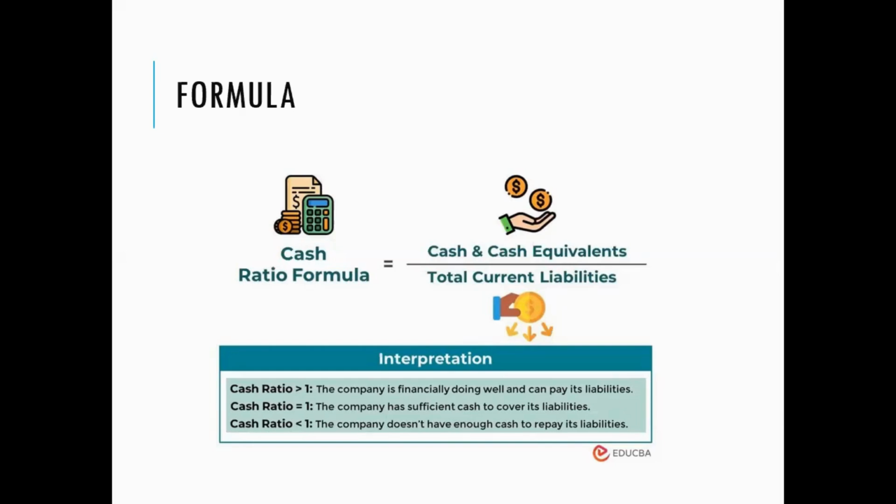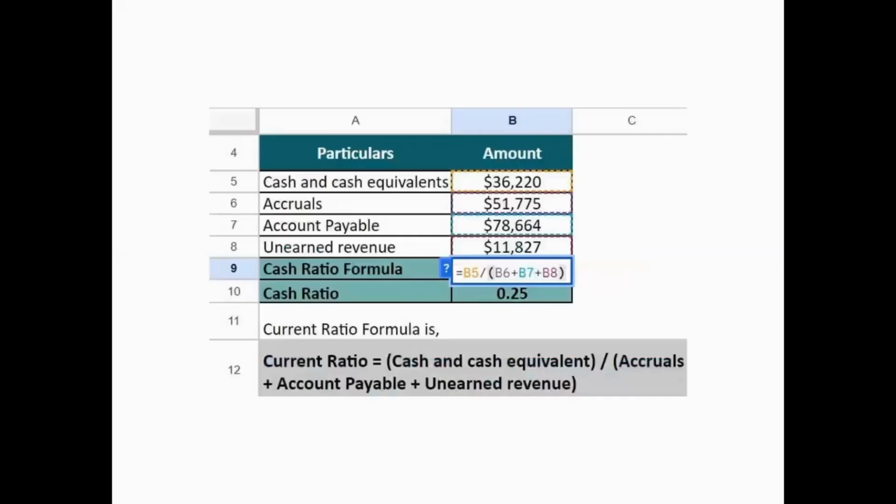If the cash ratio equals 1, then the company has sufficient cash to cover its liabilities. When the cash ratio is less than 1, then the company doesn't have enough cash to repay its liabilities. Here is the method of how we calculate cash ratio in Excel.